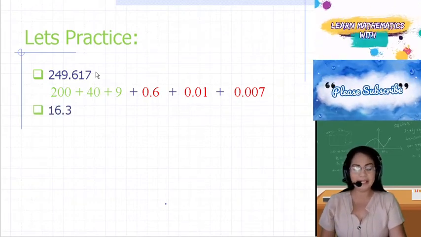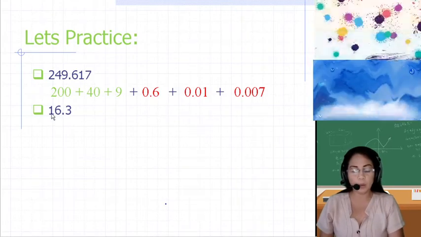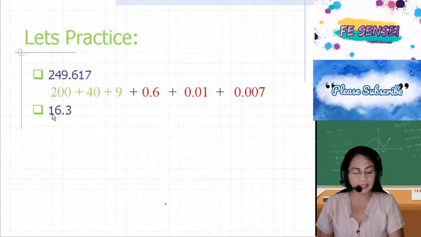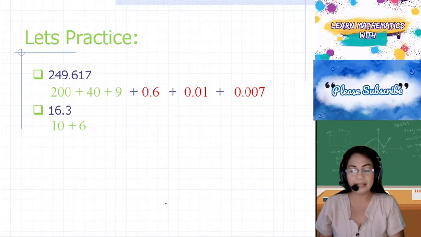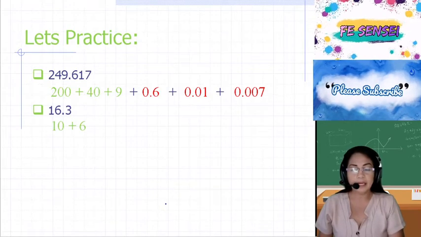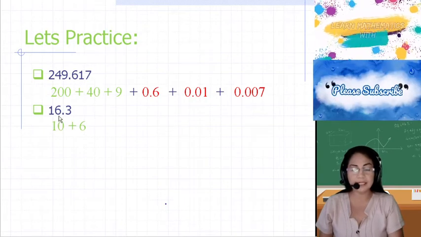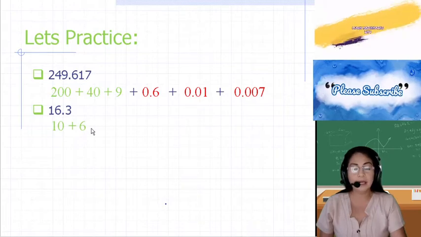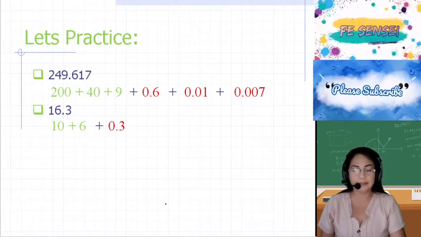Let's have another example. This is 16 and 3 tenths. The number in the tens place is 1, so that's 10. And the number in the ones place is 6. So 10 plus 6 plus 3 tenths.